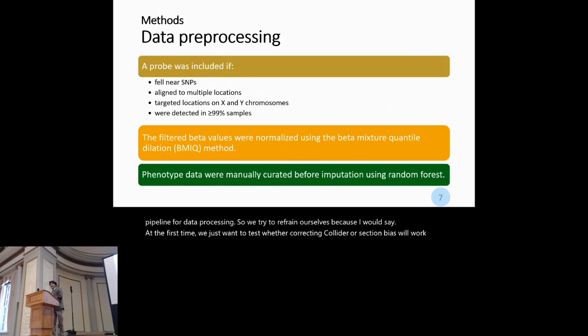But in the process, because we see the leaderboard, there's some ego play here. I'm not going to list this. We were tempted to use many approaches, but we tried to refrain because we wanted to focus on the collider restriction bias correction. So we just used standard data preprocessing.